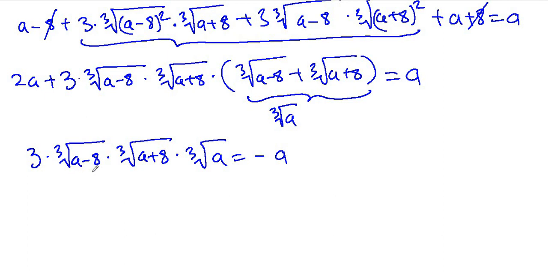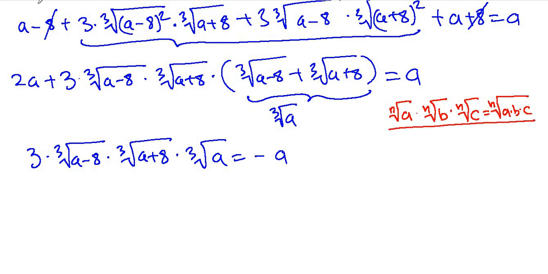Now let me multiply these three expressions by using the following formula. We know that n root of a times n root of b times n root of c, if the exponents of each radical are the same, I can write as n root of a times b times c. Now using this we can easily multiply.